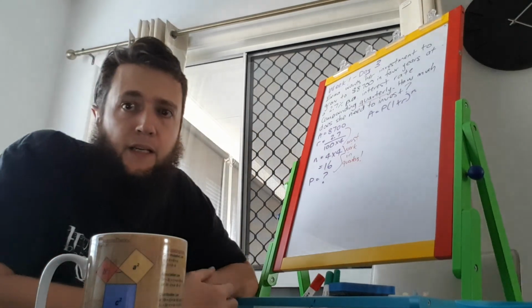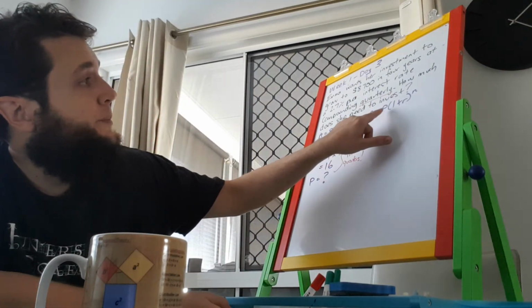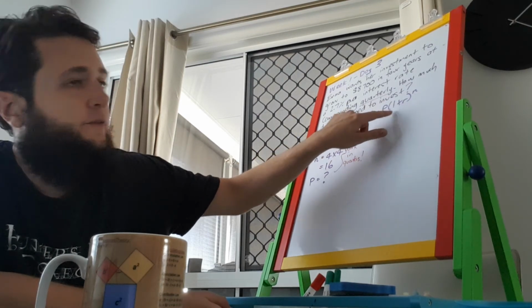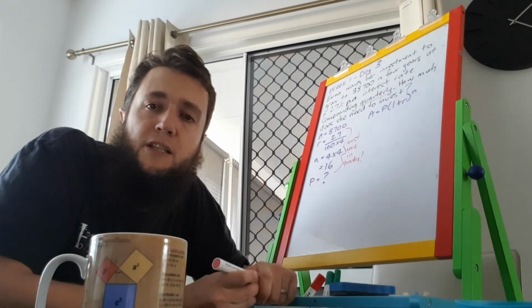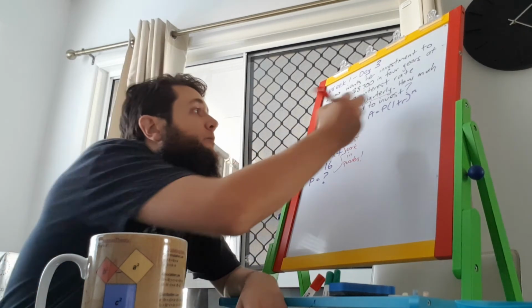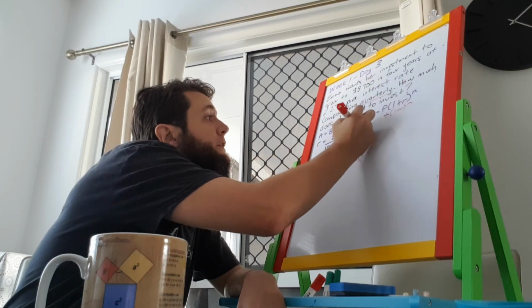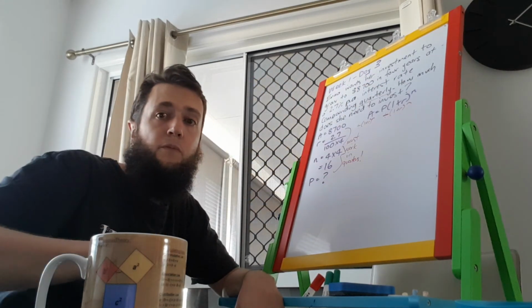The easiest way, I think, is to consider what's the opposite of multiplying by all of this stuff? Dividing. We can actually rearrange this formula to make P the subject so we can find P. We essentially divide it by all of this stuff.